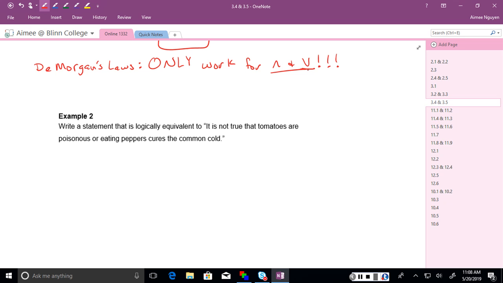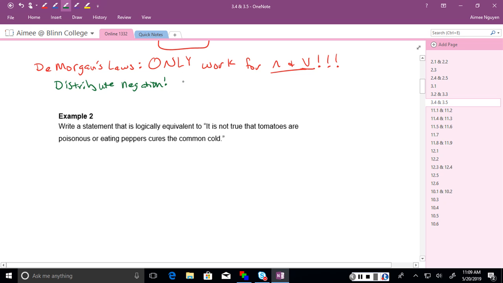And basically what you're doing with De Morgan's laws is you're distributing that negation, right? So it's just like distribution. I'm going to take the negation on the outside of the parentheses, I'm going to give it to everything inside, and I'm going to change the sign, right? So distribute negation. That's what it means, right?